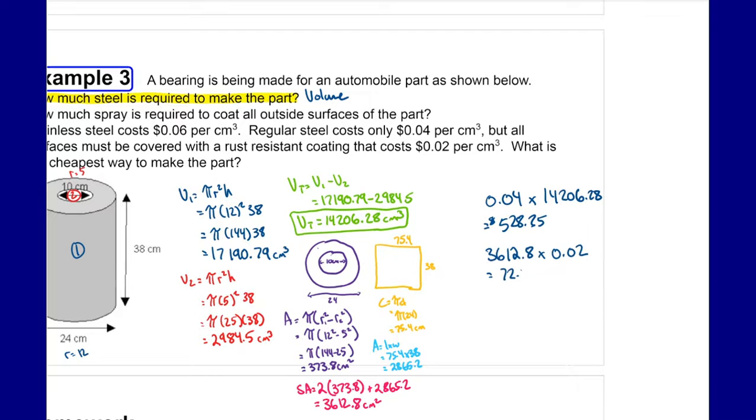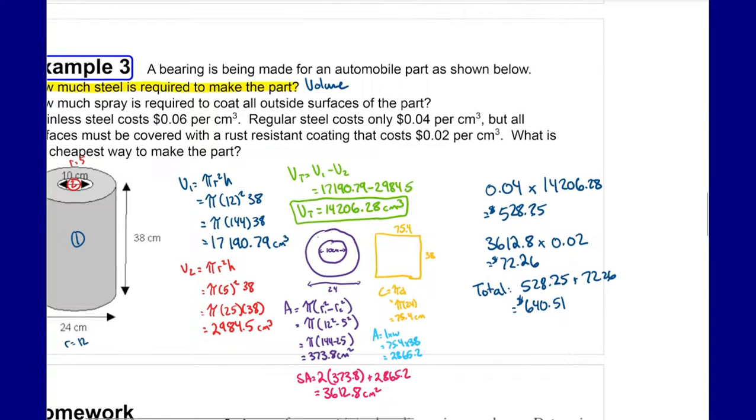It's $72.26. And then the total is just adding them together. So 528.25 plus 72.26 is 640.51. So that is the final cost.